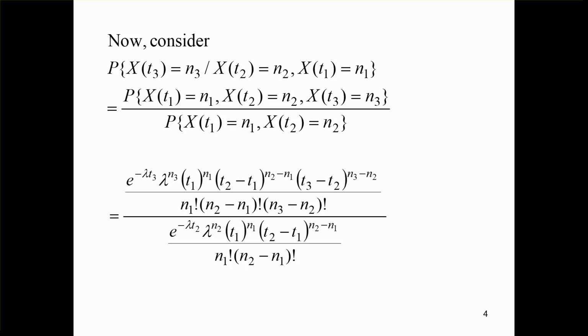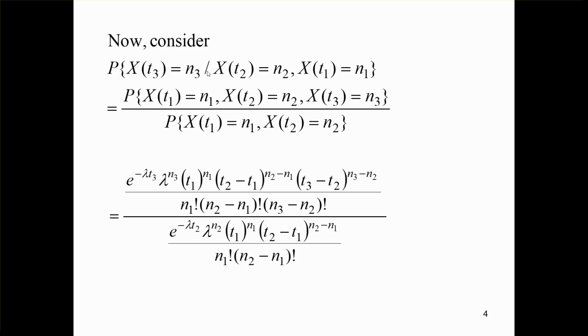That is a standard notation we use in Poisson process. So now we can see what this represents: in t1 time n1 occurrences are there, in t2 time n2 occurrences are there, and then in t3 time n3 occurrences are there, right?